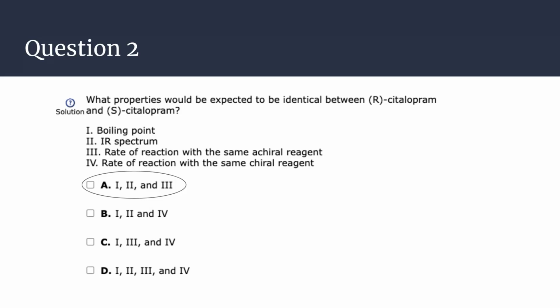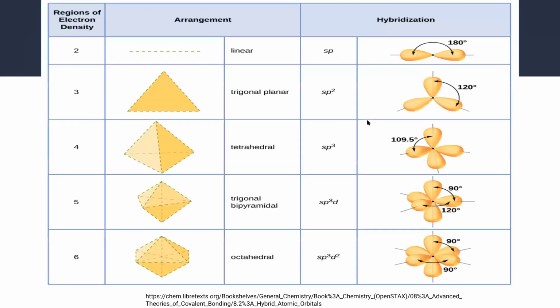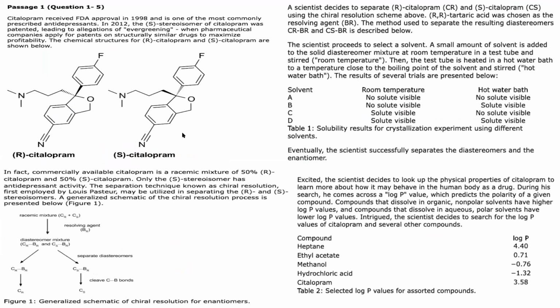Yep. Okay, and then I guess because they're enantiomers, they have the same functional groups. So that's why you can say that they're the same. Yeah, that's correct. As you see in the diagram that they showed, let me go back to it real quick. They're basically the same. Do you see that?